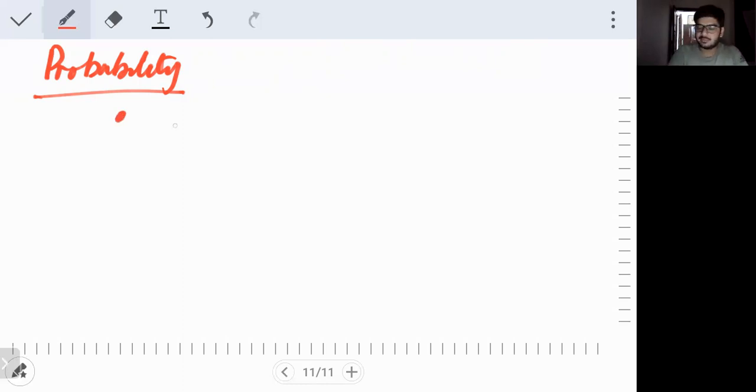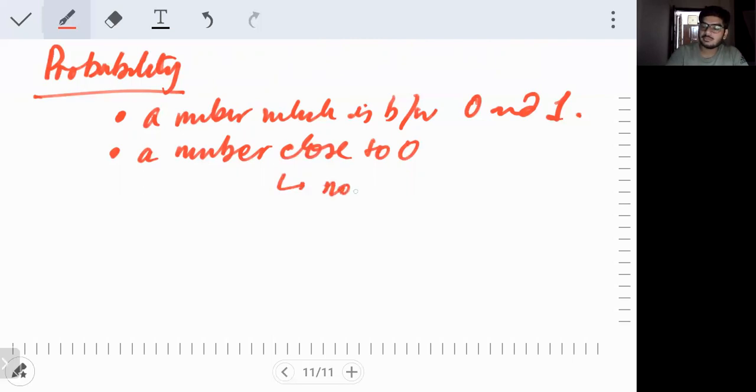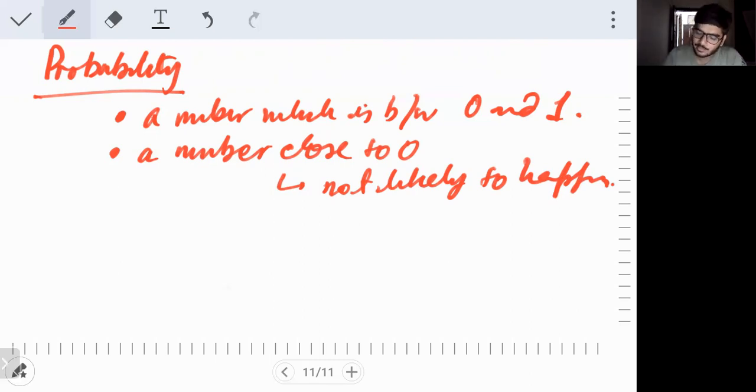So probability informally can be defined as a number which is between 0 and 1, right? It could be a number close to 0, the case of not likely to happen. We say that there is a 0% chance of rain today, which simply means that it is not likely to happen today.